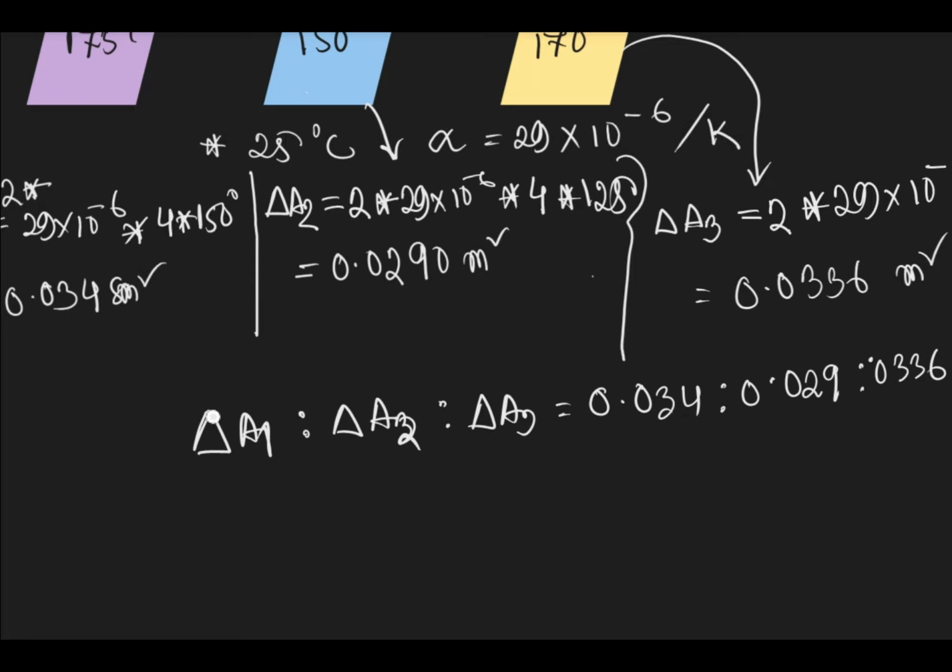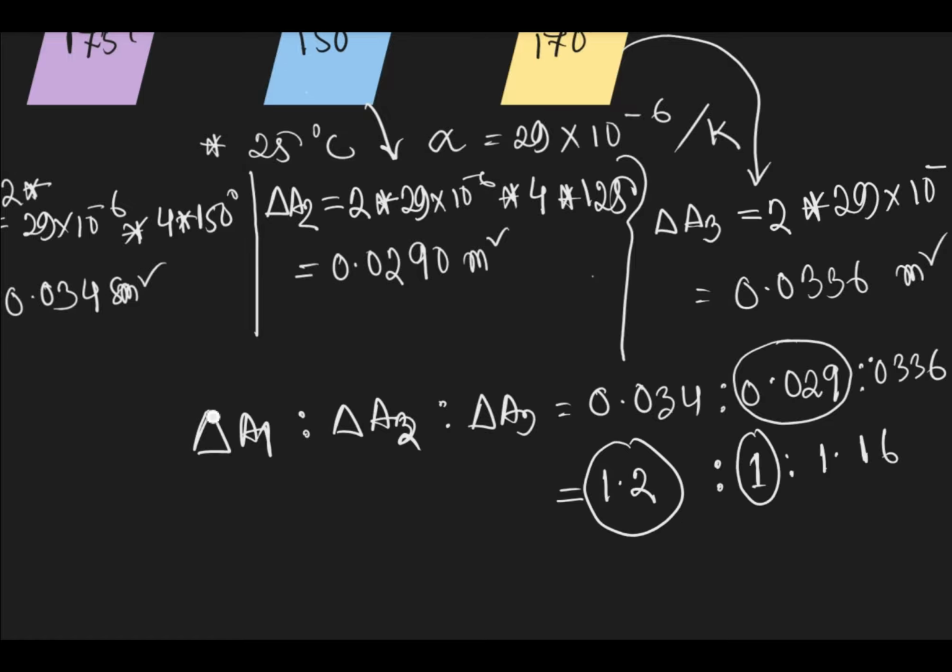By the way, here will be a point. Anyways, now if we divide by 0.029, so we have here 1, of course, and here we have got 1.2 and here 1.16. So the ratio will be this.